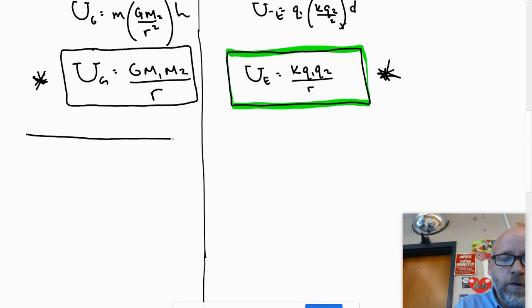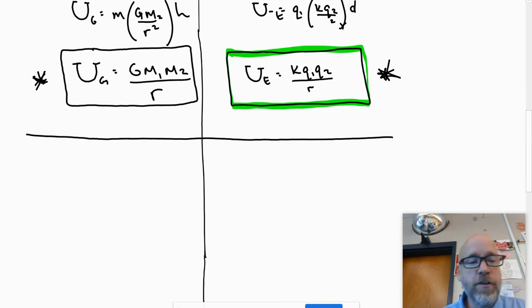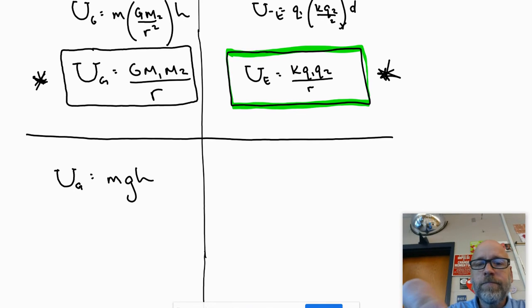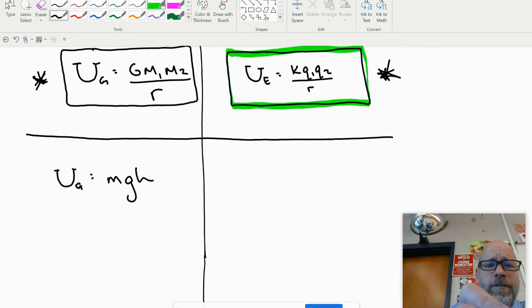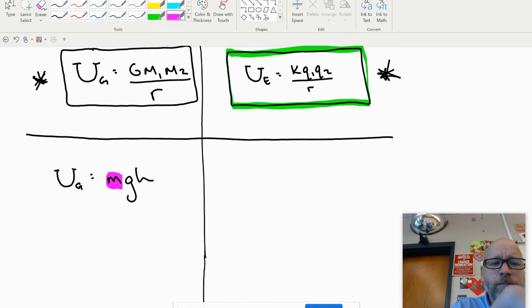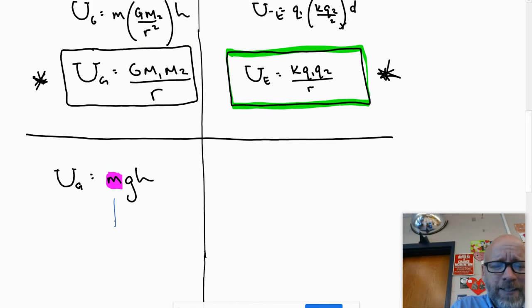Now, here's a term I did not use often last year. Here it goes. Ready? If potential energy due to gravity is mgh, let me ask you, what if there's no m there? What if m was not present? And right now you're thinking, what?